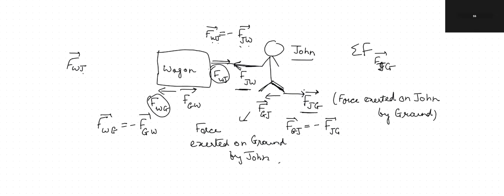So if FWJ is greater than FWG, then the wagon will move forward. So the wagon accelerates forward when the force exerted by John is greater than the frictional force exerted backward by the ground. Okay.